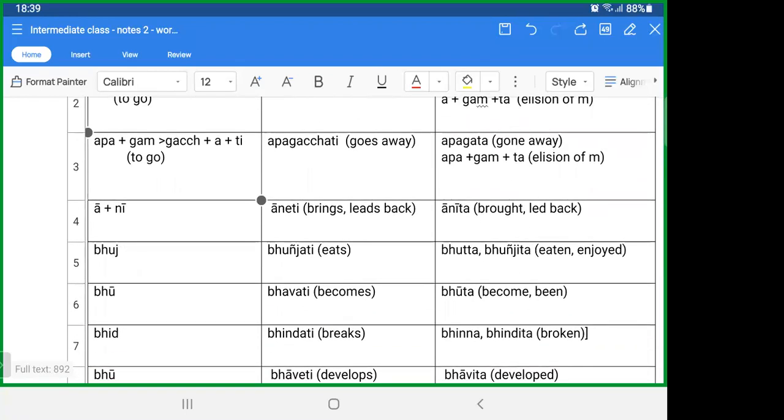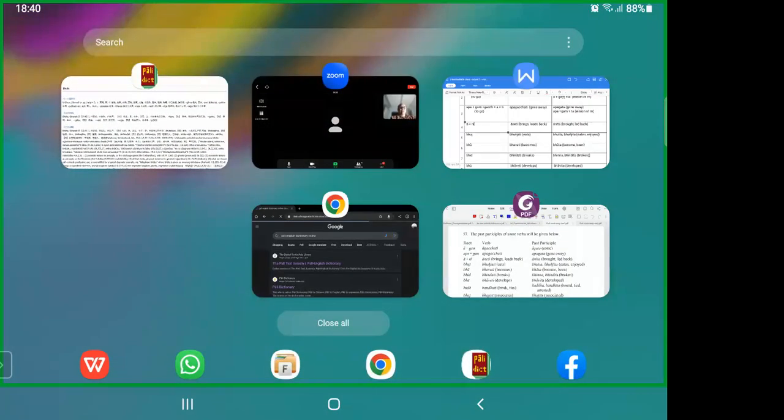Okay. So next one, anayati. You can see the meaning of the prefix. That's why it has a translation back. Right. The prefix long a, a, means back. So ni means lead, all right? So to lead. But if you want to make sure, this is why I ask you to install this dictionary.